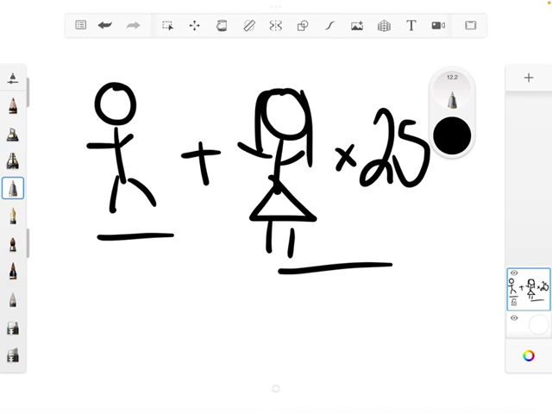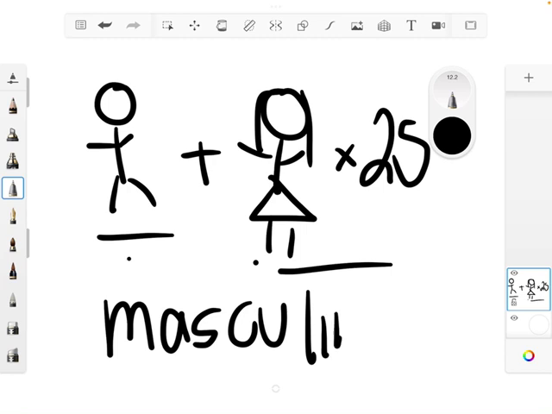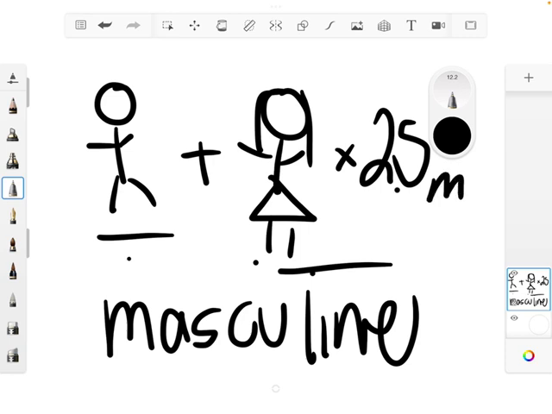In Spanish, if there's ever a mixed group, meaning there's both men and women, or both girls and boys or whatever, the pronoun and grammatical gender are automatically going to be masculine. So even if you have one man and like 2.5 million women, it's still going to be masculine, okay?